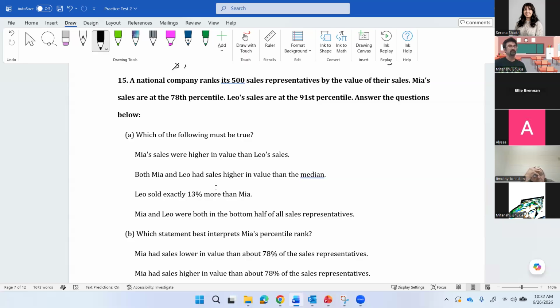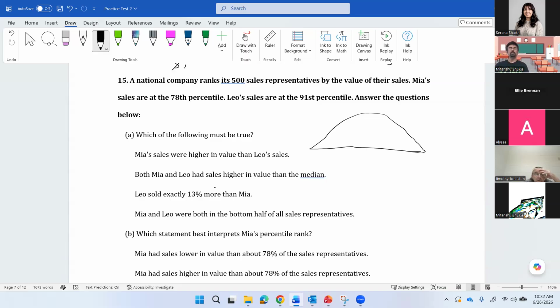But are we going to need to do the same thing? Well, I don't see a list of numbers, so I can't imagine they're going to ask me anything about that. But what I can do is recognize that anytime I'm dealing with percentiles, I can try to fit that in a normal distribution curve.